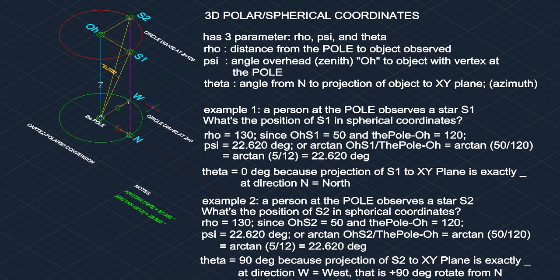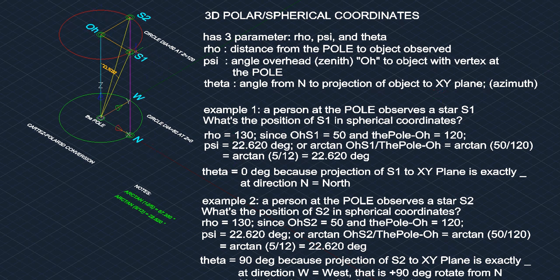Of course you can measure theta in this other direction, that is the minus direction. Theta is the angle from north to the projection of the object on the xy plane, or the term is azimuth.